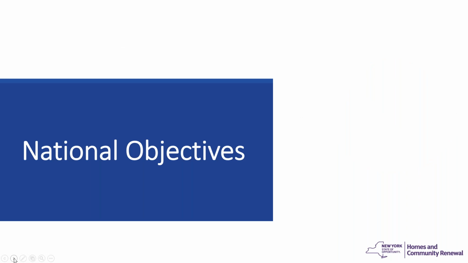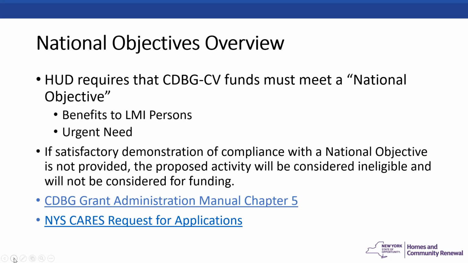So let's cover the national objectives that all proposed activities will need to meet. Each project proposed for HUD assistance must meet a national objective, or NO, as defined by HUD. For most projects, this objective can be met by ensuring that at least 51% of the beneficiaries assisted are low to moderate income households and/or individuals.